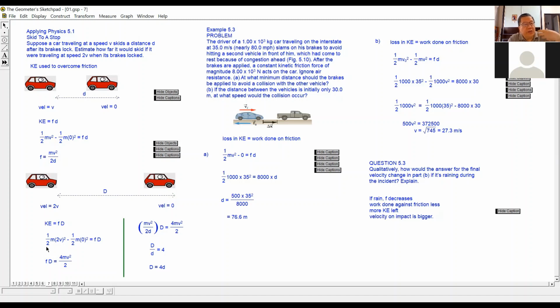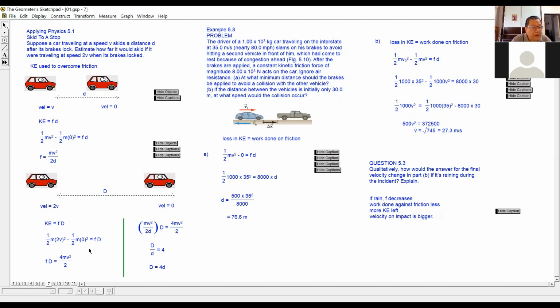So the kinetic energy possessed by the car is half m (2v) squared. The final kinetic energy is 0 because it comes to a rest. This equals the force multiplied by the distance, the work done against friction. The entire kinetic energy possessed by the car is used up as work done against friction.